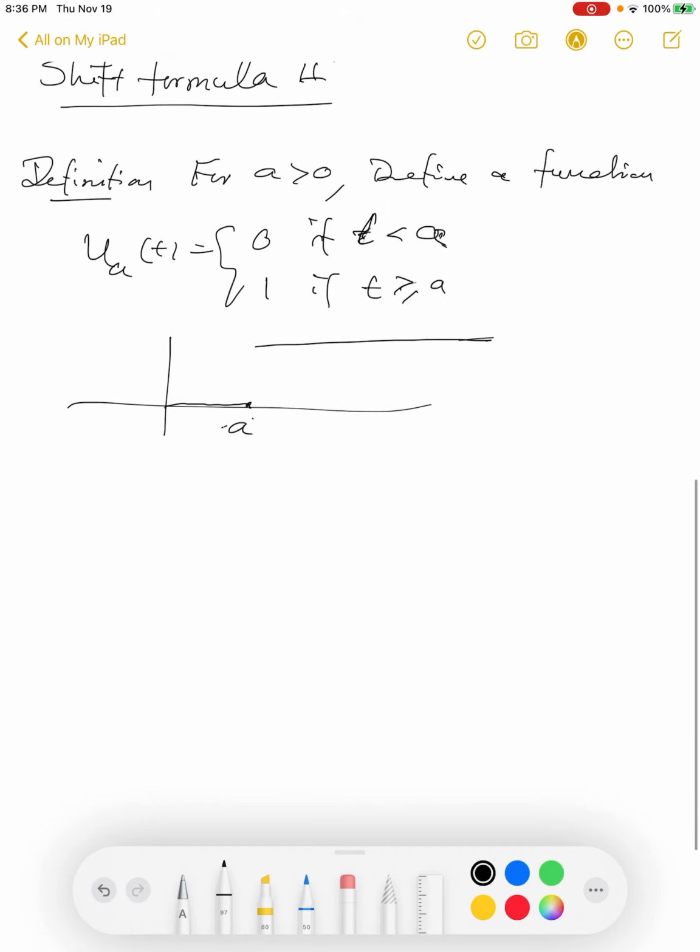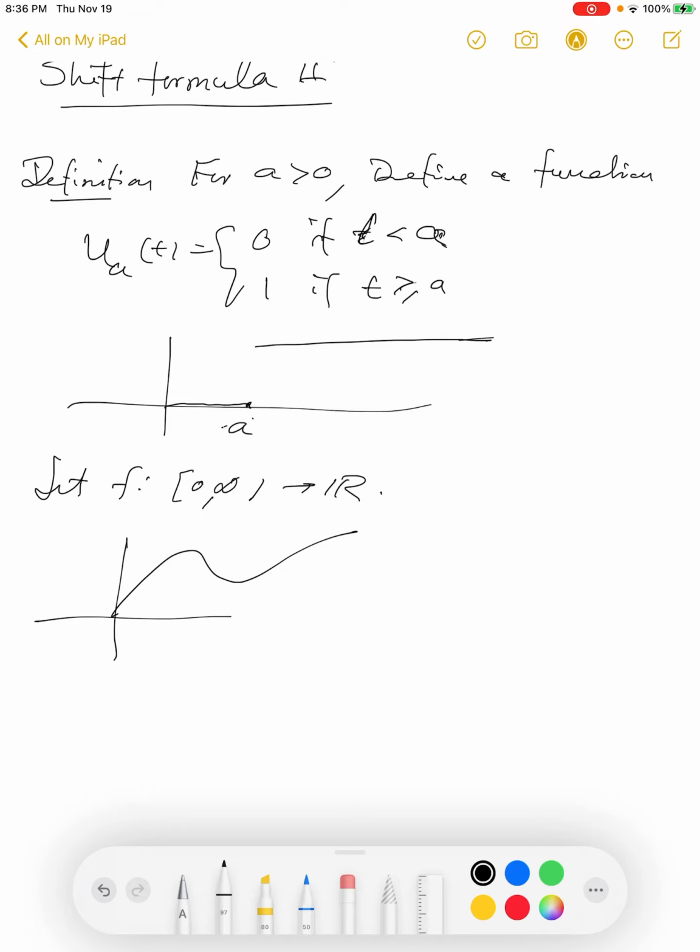Now I'm going to consider the function. Let f be a function given to you, f from 0 to infinity to R. Let me draw the graph of f. It's something like this. Then you have learned in calculus that the graph of f of t minus a is the graph of f pushed to the right by the amount a, because whatever was happening at 0 for f will happen at a.